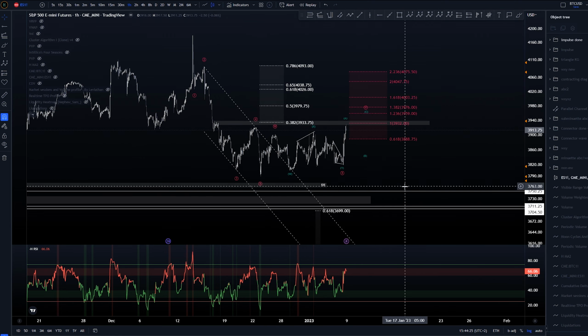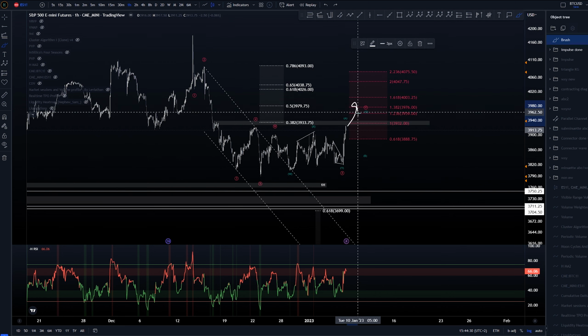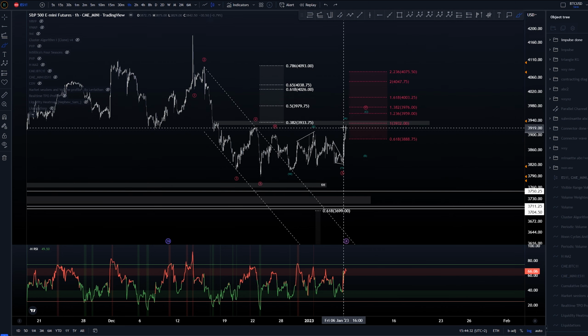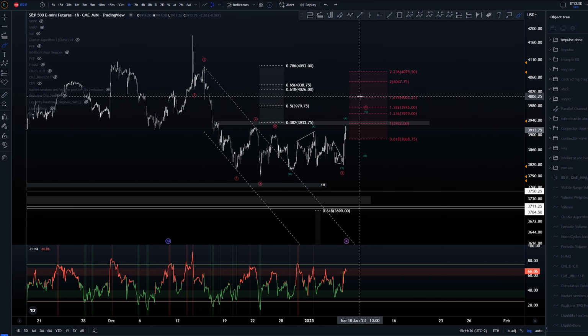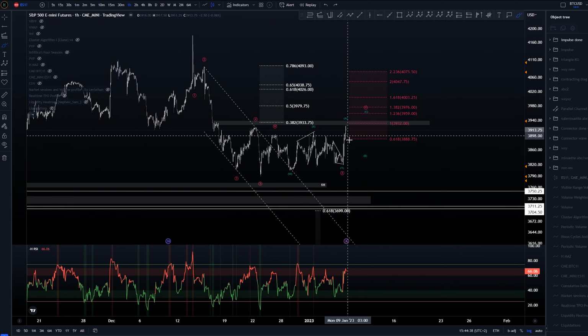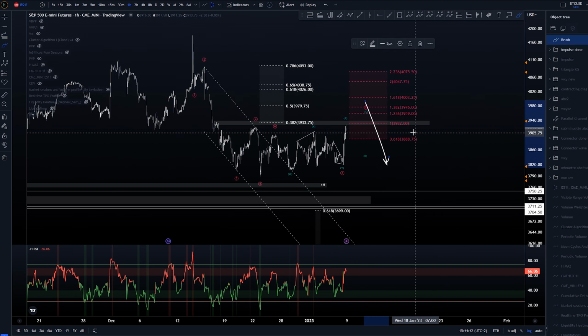The variations vary quite a bit depending on what kind of structure we're going to be getting here, or if we're just going to be ripping up higher, then I'm of course going to be stopped out in the short position and looking for the structures it's going to be forming, and shorts up in here downwards.